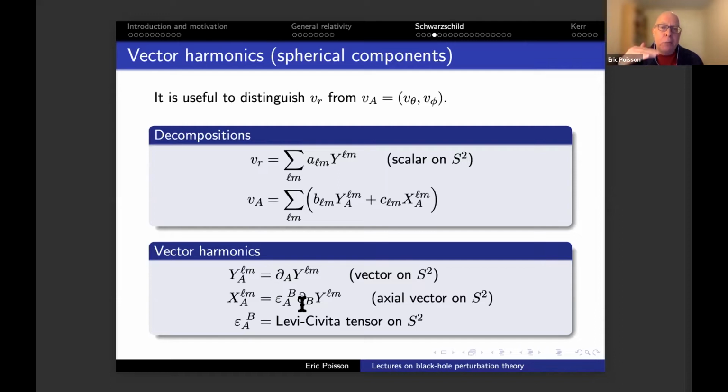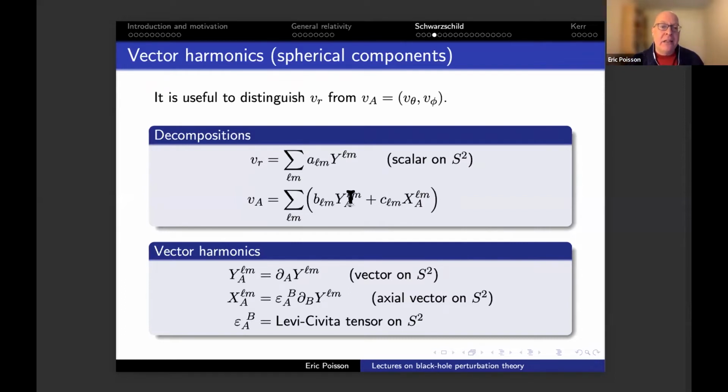So this is just a small step on top of what we did previously, a small change of attitude where I really focus on the spherical directions, distinguish them from the other directions that we might have in our space-time, and I introduced, therefore, a two-dimensional point of view on vectors and eventually on tensors.